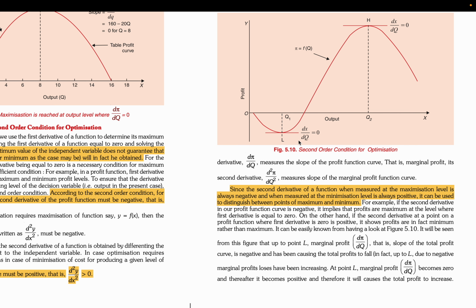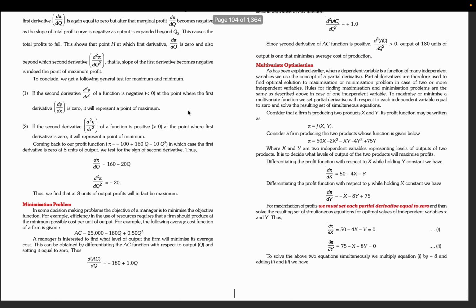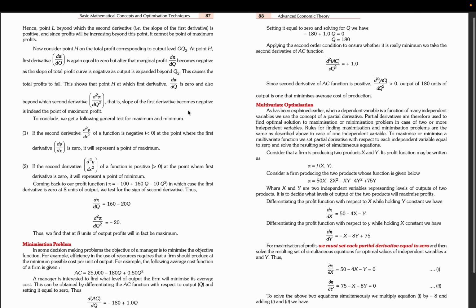At point L, d pi by dq becomes 0 and thereafter it becomes positive, and therefore it will cause the total profits to increase. So it's increasing. Hence, point L is beyond which the second derivative, that is slope of the first derivative, is positive, and since profits will be increasing beyond this point, it cannot be the maximum.